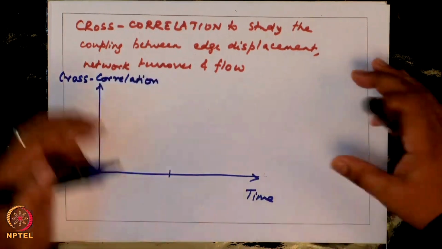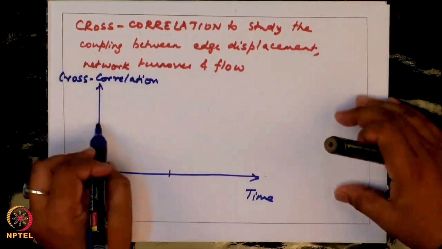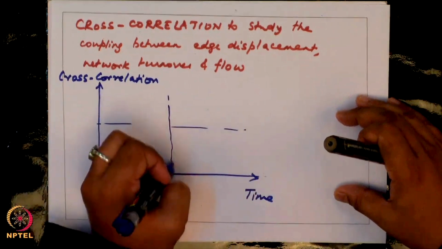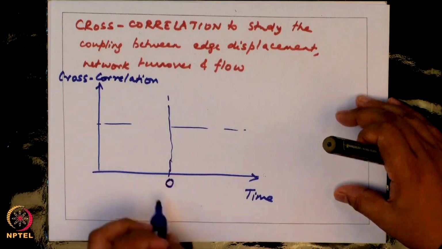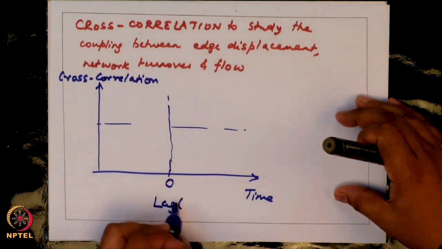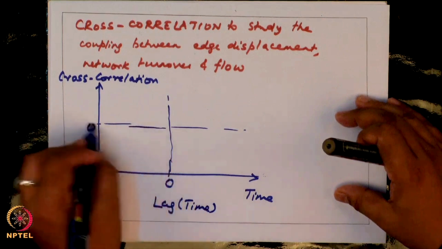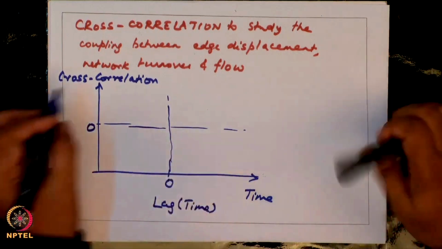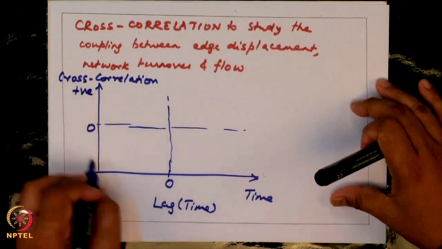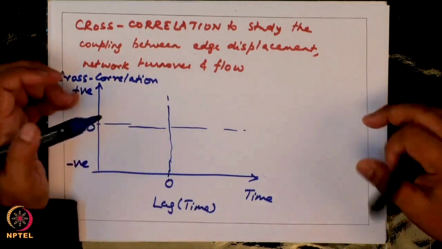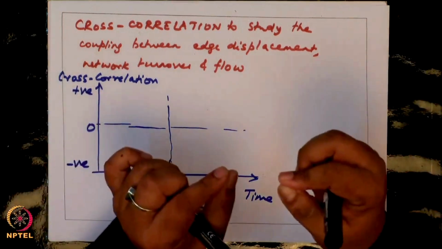Now, the way cross correlation is defined, let us say this is my 0, this is 0, or you can say lag time, and this is 0 cross correlation. You can have cross correlation as positive or negative. A positive cross correlation between any two quantities would mean that if one is positive, the other also would be positive.